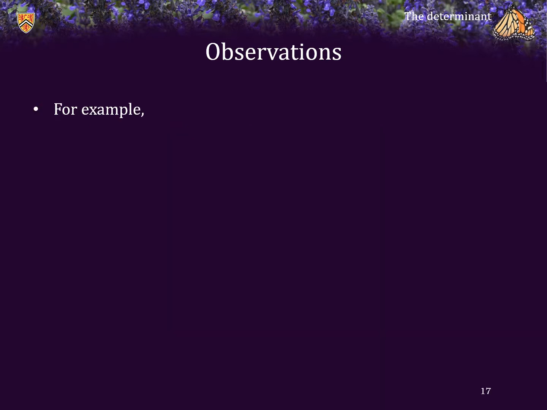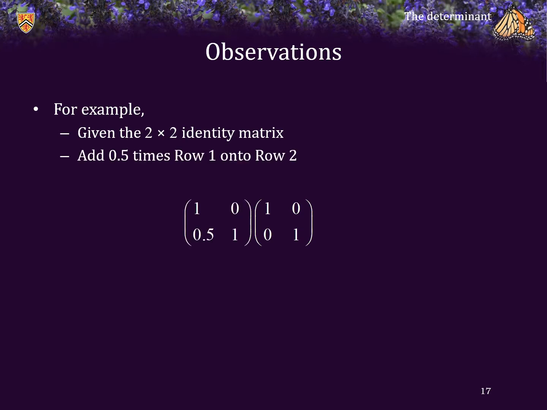For example, let us start with a 2 by 2 identity matrix that has determinant 1. If, on that matrix, we add 0.5 times row 1 onto row 2, and then, on the result of that, add -3 times row 2 onto row 1, you will notice that all three of those matrices have determinant 1.